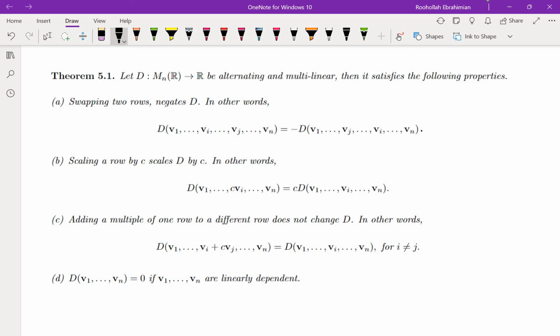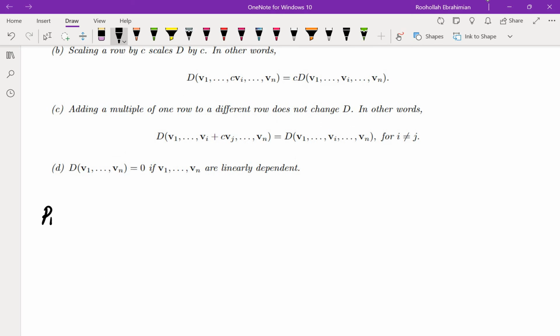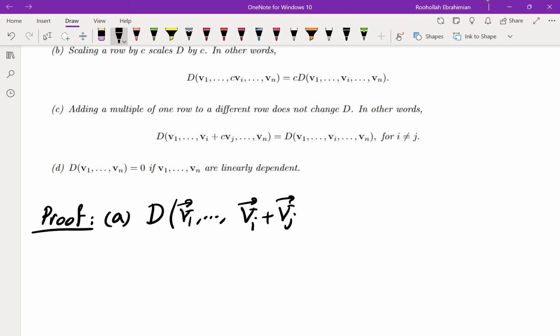The only thing about this is that we proved it for the 2 by 2 case, but the key to proving this one for n by n is very similar. So part A would be you look at D of V1 through, for the ith position, you replace it with Vi plus Vj, and for the jth position, you replace it with Vi plus Vj.